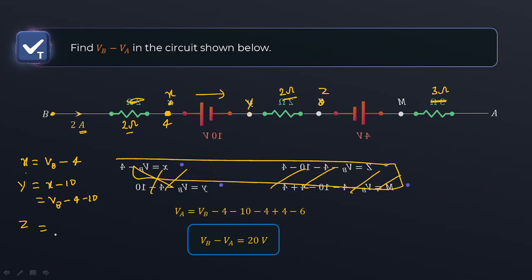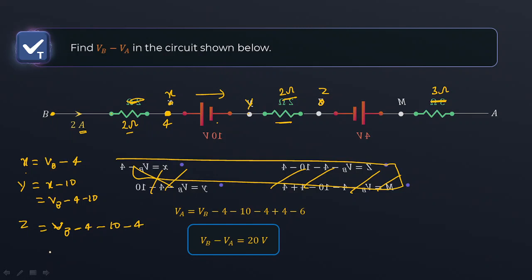Similarly, if I want to write Z, let us start from B. First of all, VB. Now we are crossing this, so minus 4. We are crossing the cell, so minus 10. And then again we are crossing this resistance, so minus 4. Yes or no?